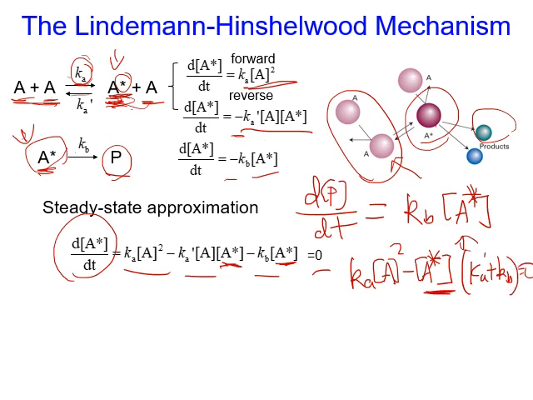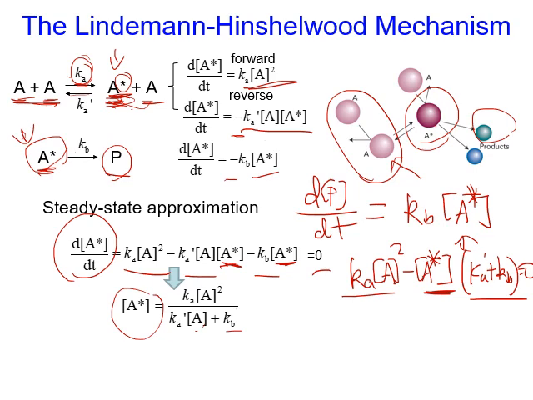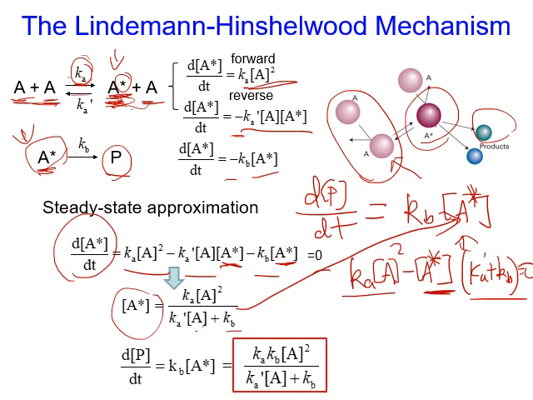Therefore, the intermediate concentration A star equals Ka A squared divided by (Ka prime A plus Kb). Now we have the intermediate concentration. We just plug it into the rate law for product, and the final result is this rate law. That's the rate law under the Lindemann-Hinshelwood mechanism.